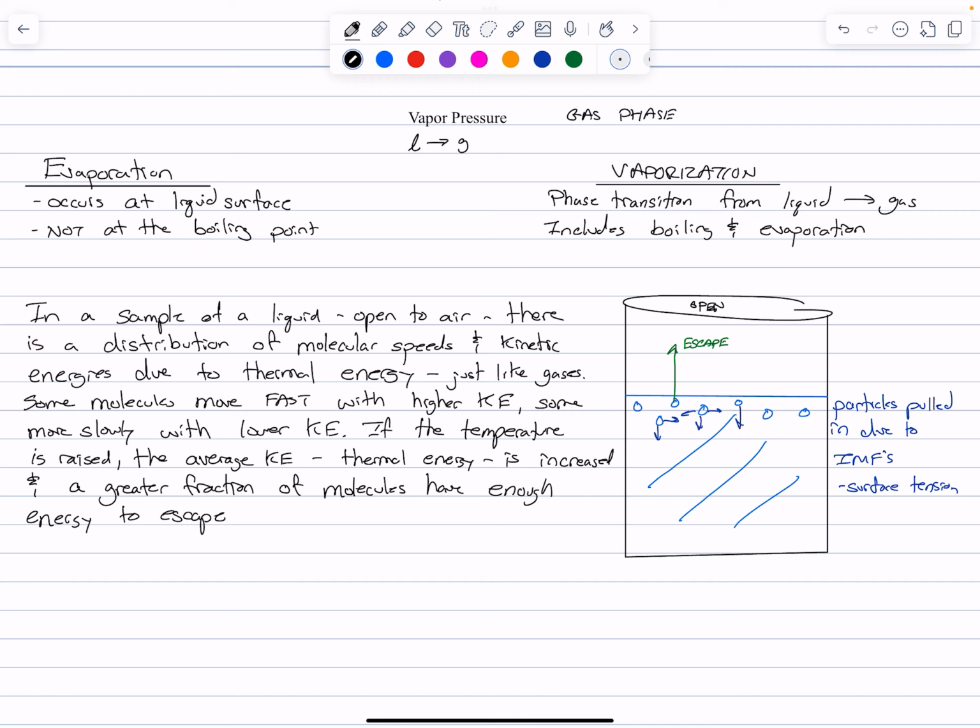And that means to overcome the intermolecular forces holding the liquid together.